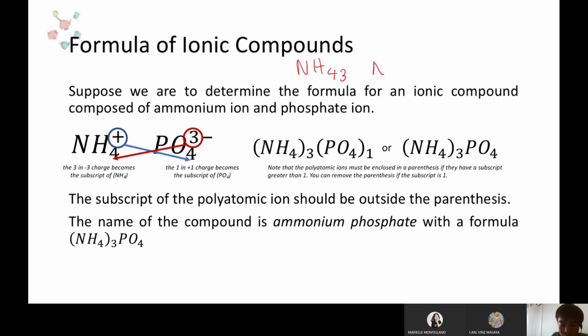Isipin nyo, magiging NH12 yan eh. Bawal yan, bad yan. Ang pwede lang gawin, lagyan mo ng parenthesis yung NH4, tas nasa labas yung subscript. Yung positive one dito, ganun din, gagawin mo kay phosphate, no? Nasa labas yung subscript. Then, kapag 1 yun, pwede mo nang burahin yung parenthesis.